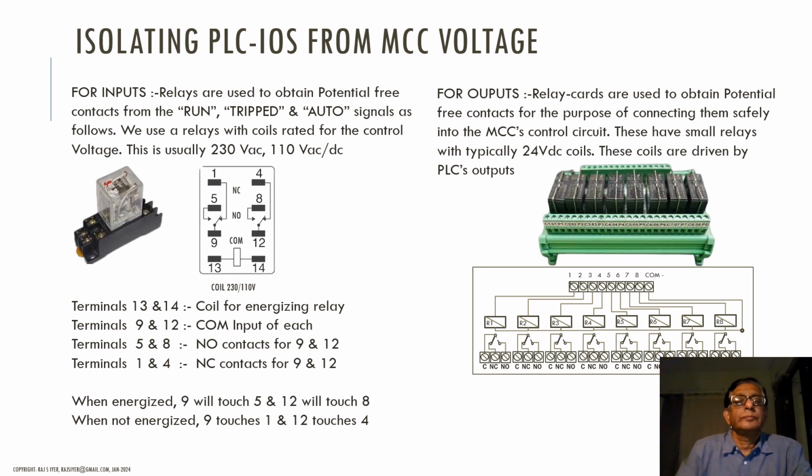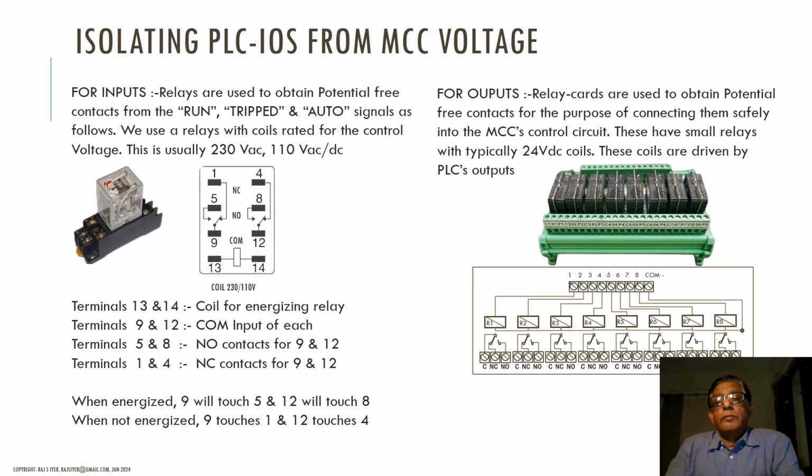It has a coil shown between points 13 and 14, and when the coil is energized, it will make two NO connections, between 9 and 5 and between 12 and 8. In the de-energized condition, 9 will make contact with 1 as NC, and so also 12 will make contact with 4.